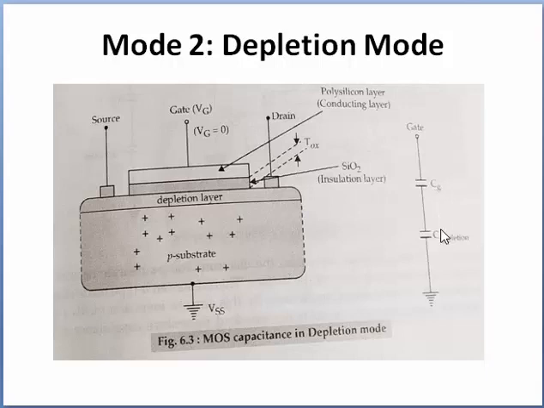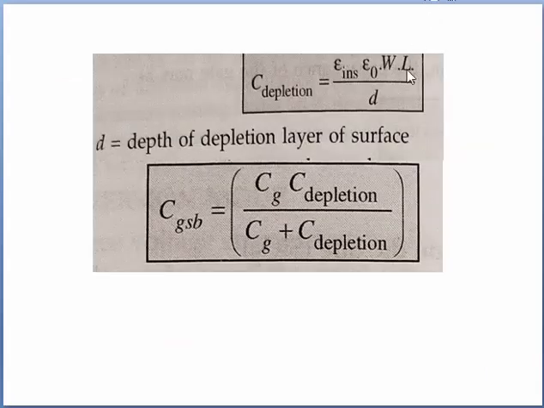Cg is the gate capacitance and C depletion is the capacitance of the depletion layer. So the depletion capacitance C depletion is equal to epsilon_si epsilon naught W times L by D. Here D is the depth of the depletion layer of the surface, because we already discussed that the depletion region width increases with the increase of the gate to substrate bias voltage.